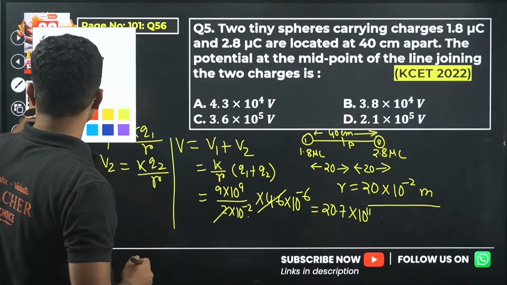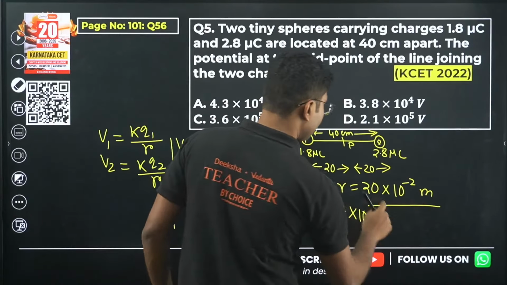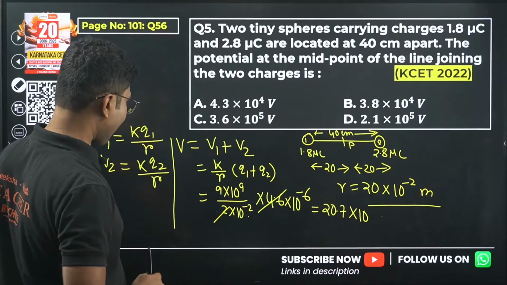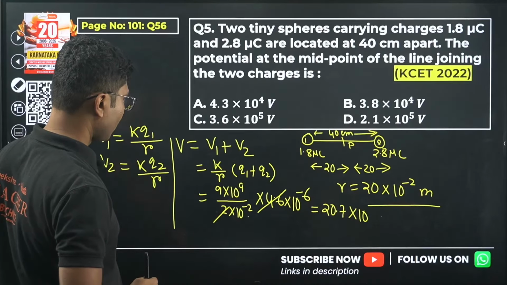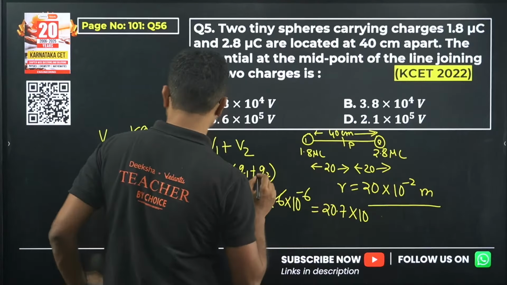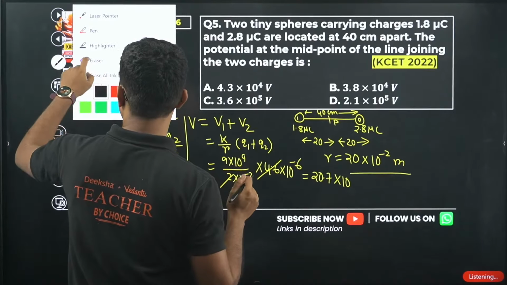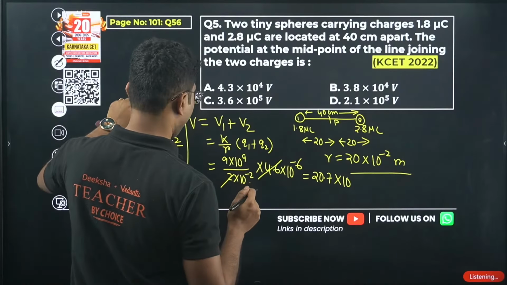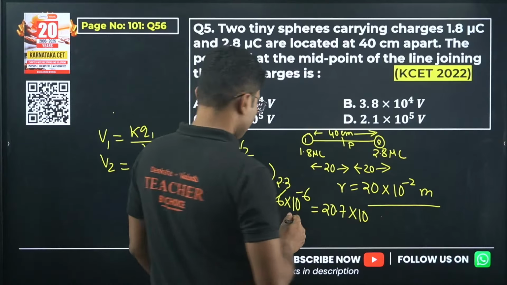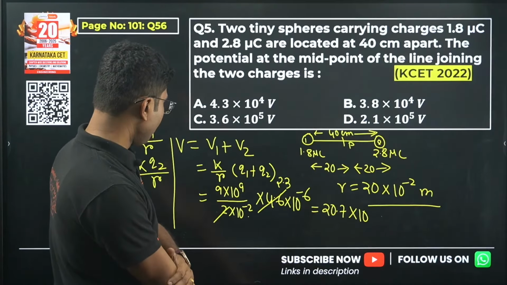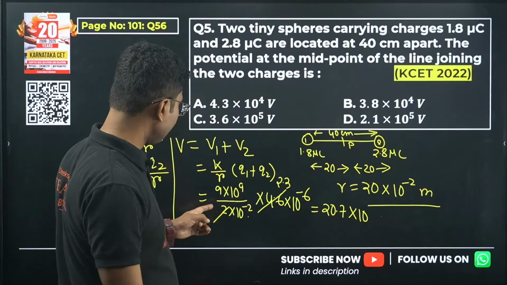So the answer is 20.7 into 10 to the power of, have I made any mistake?